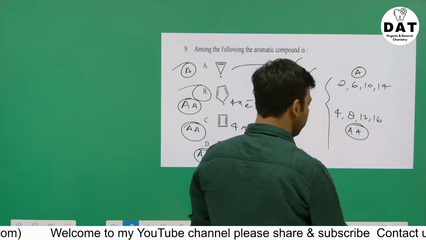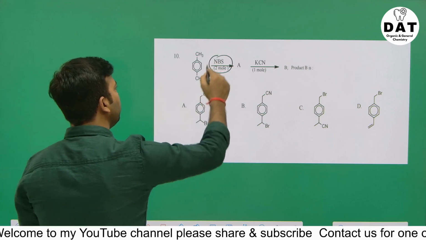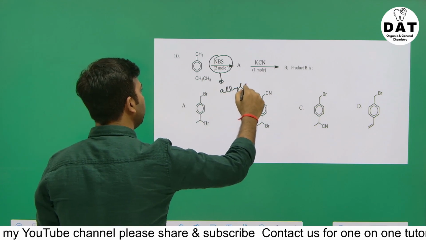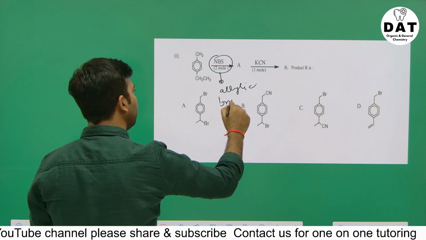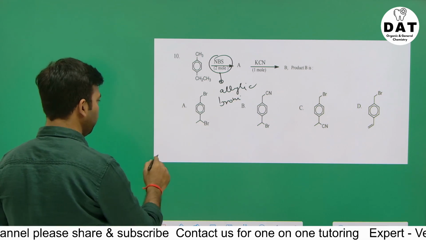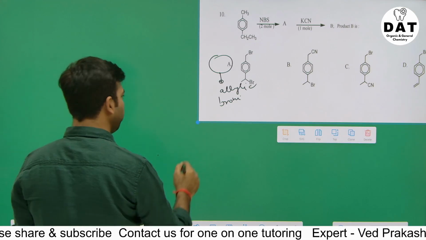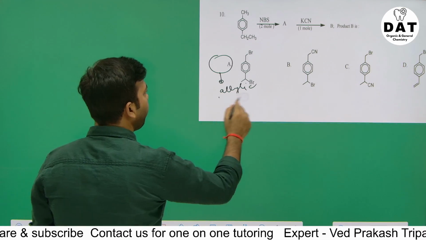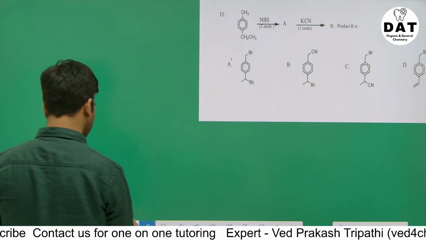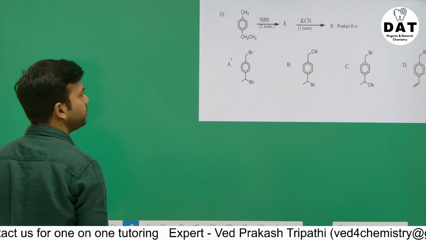Now the next one is the last. So we all know NBS is N-bromosuccinimide. It gives allylic bromination. Let me discuss this in detail. Look here.